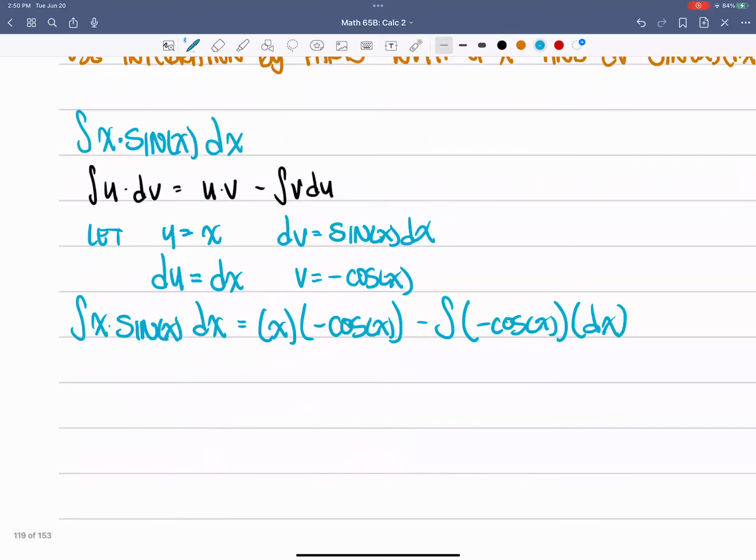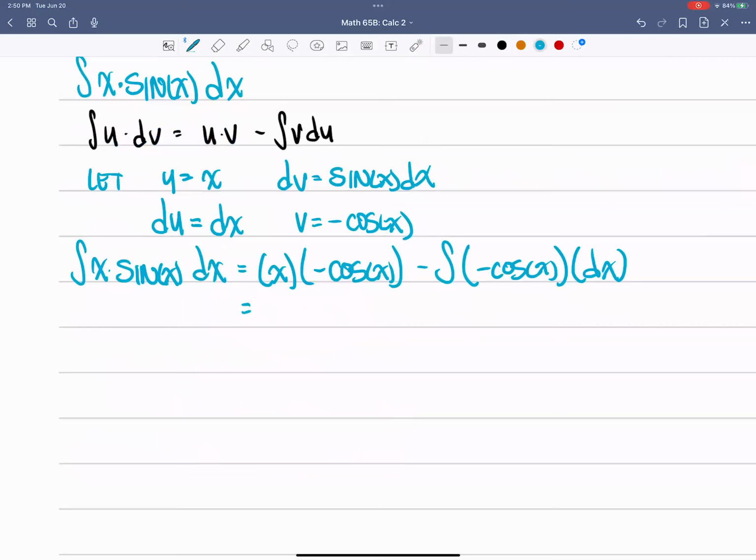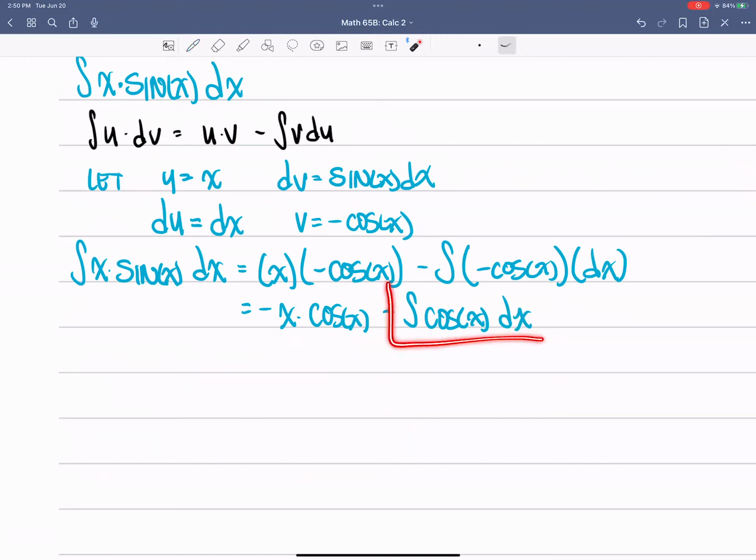Let's clean this up a little bit. So this is equal to negative x times cosine x. Then we have negative, negative, that's going to be plus the integral of cosine x dx. Now this is something that we have tools to integrate.